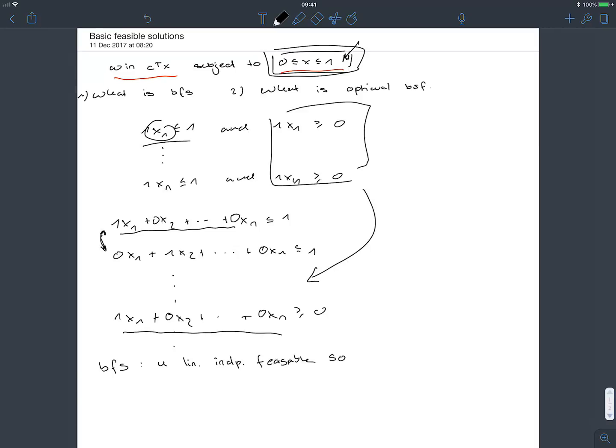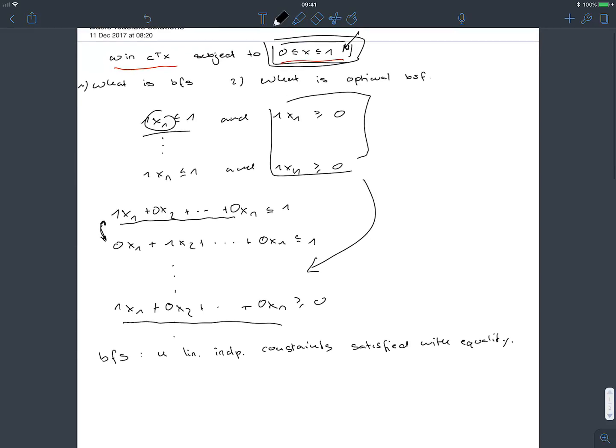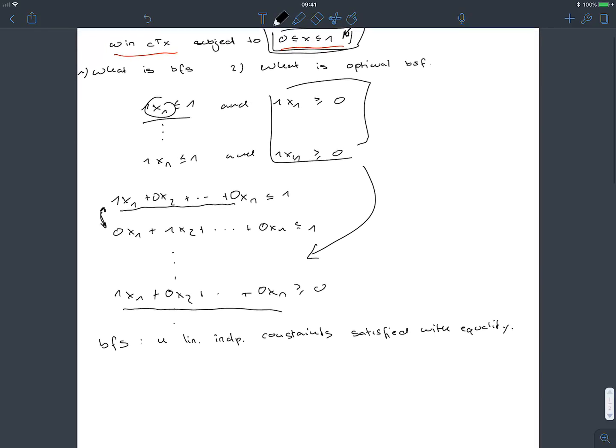So n linearly independent constraints satisfied with equality. Now, what does that mean for our constraints?